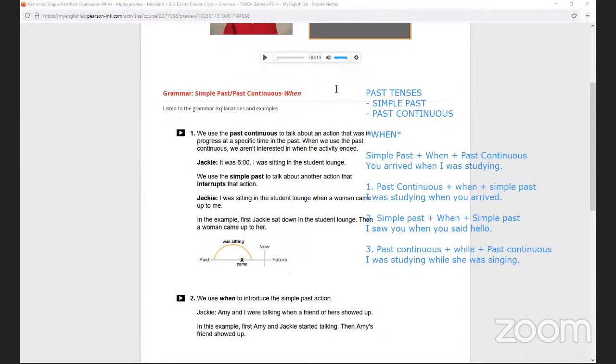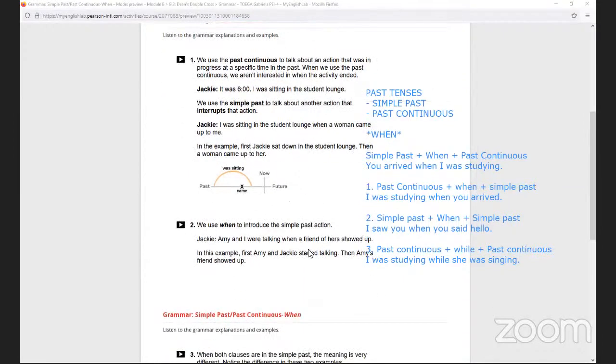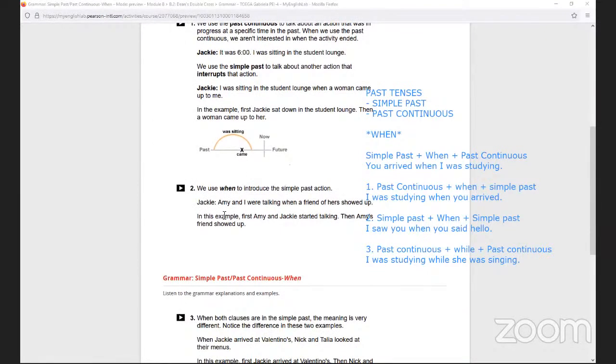So thank you. Here we can see some other examples. Amy and I were talking when a friend of hers showed up. So as you can see here, we are starting with progressive and after with the simple past.